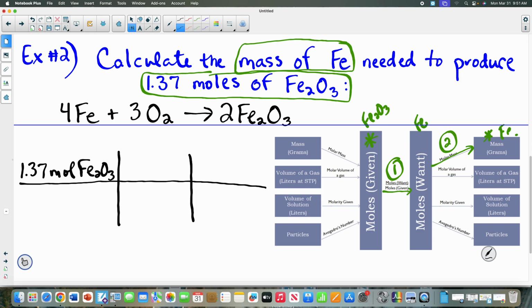So we want moles of Fe over moles of Fe2O3. Okay, so what number goes here? 4 here? 2. Good. Okay, check.